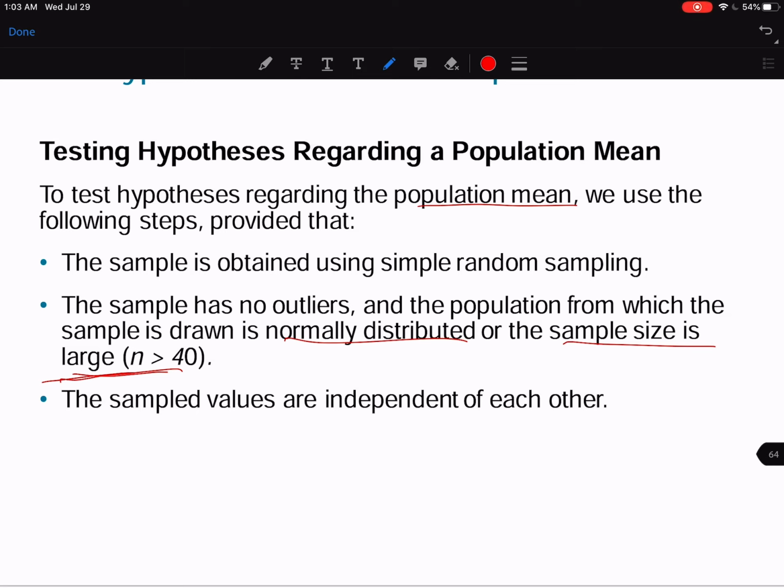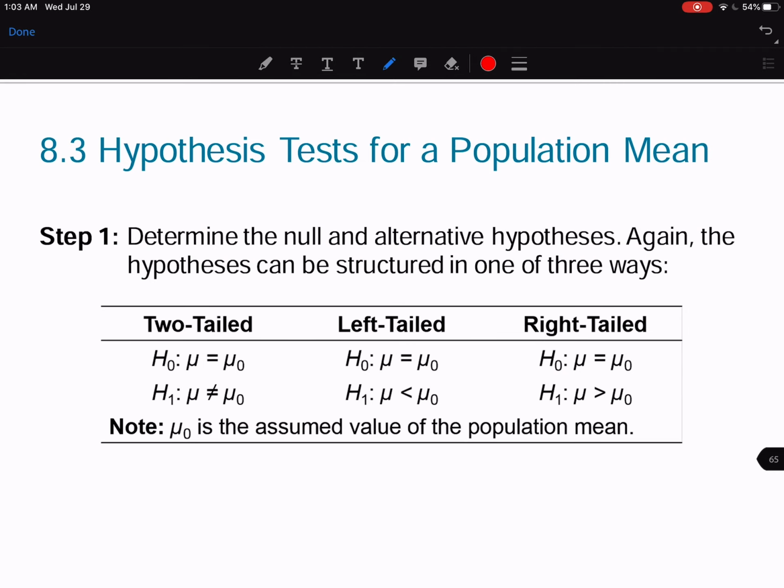If the sample size n is greater than 40, we don't have to worry about the distribution of the population. But if the sample size is less than or equal to 40, we need to check if this sample is drawn from a normally distributed population. Pretty much most problems you see in this class will satisfy either one, but you need to check it. Number three, the sample values are independent of each other.